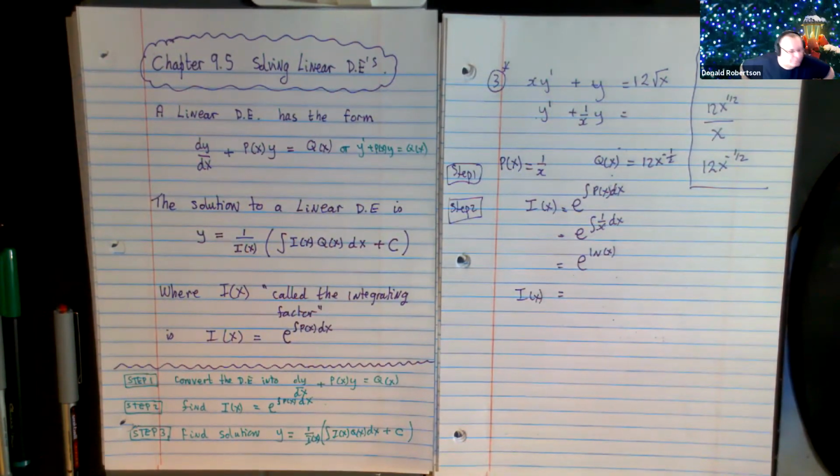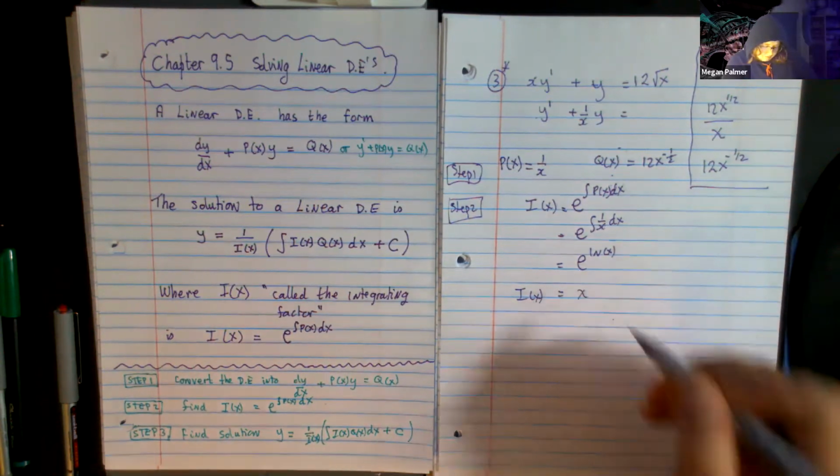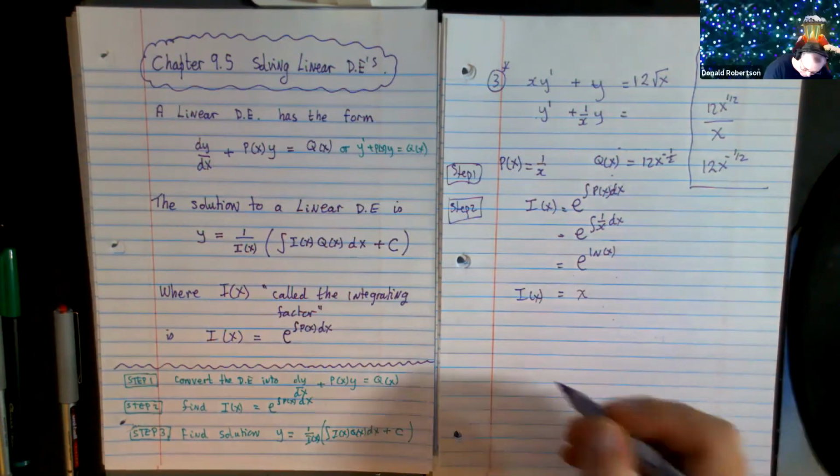Make things look as pretty as possible. E to the power of the natural log of X actually simplifies really nicely. E to the power of the natural log of X. Right? What do you get? X. Step 2 is finished.